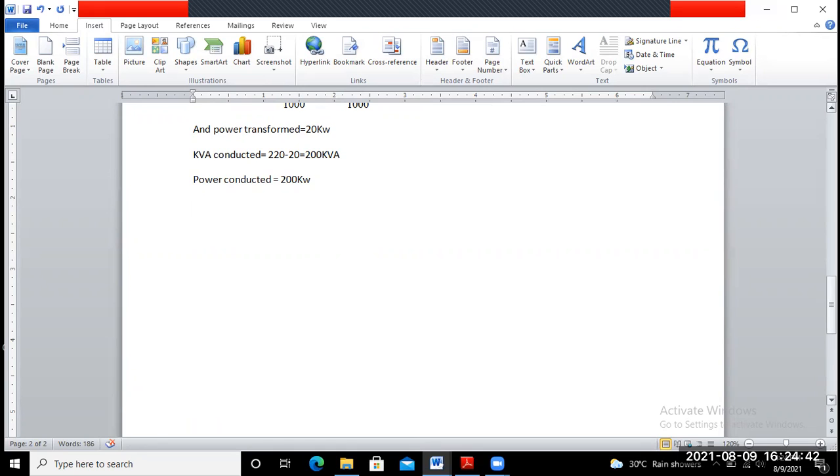Only a 20 kVA two-winding transformer can handle up to 220 kVA if you reconnect it as an auto transformer. Out of 220 kVA, 20 kVA is transformed by the transformer action and the remaining 200 kVA by the conduction method, that means the direct conduction method.